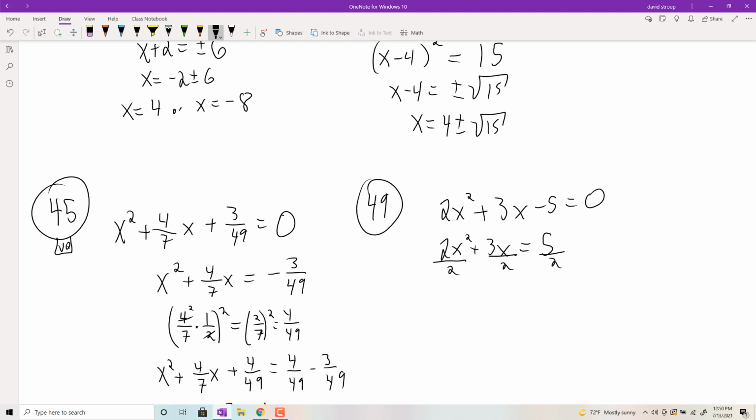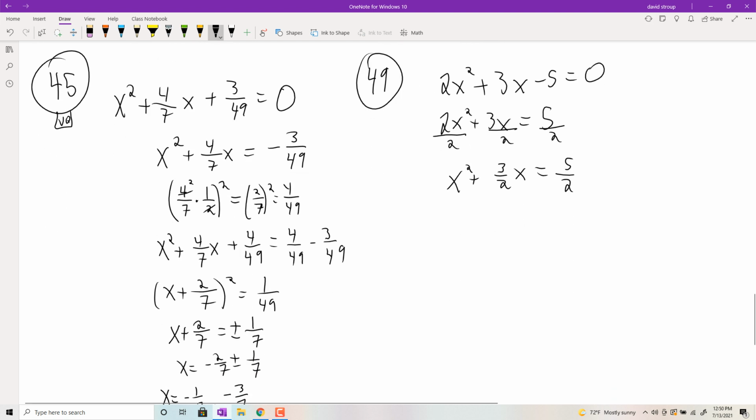Okay. So I have x squared plus 3 halves x equals 5 halves. Then form your b over 2 squared. Dividing by 2 is the same as multiplying by 1/2. So we'll end up with 3/4 squared, which is 9/16.